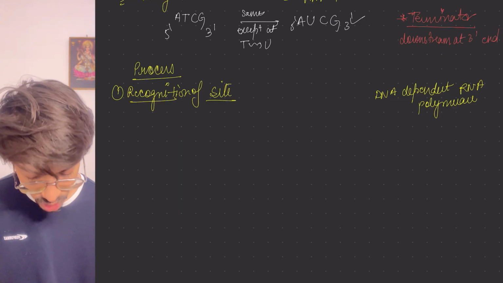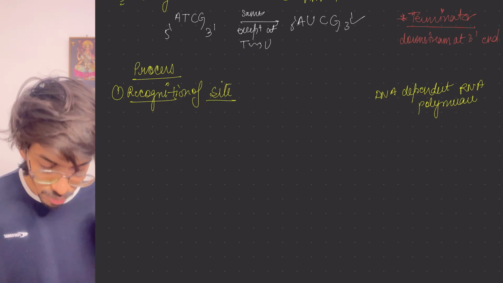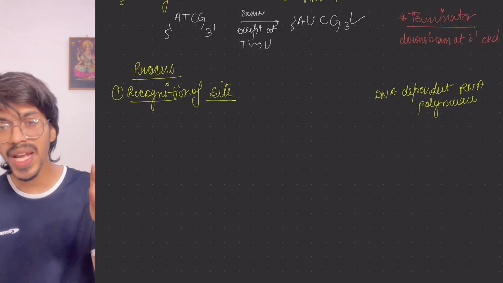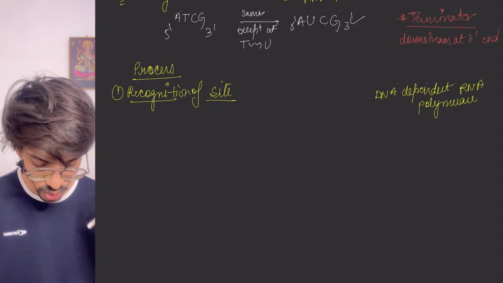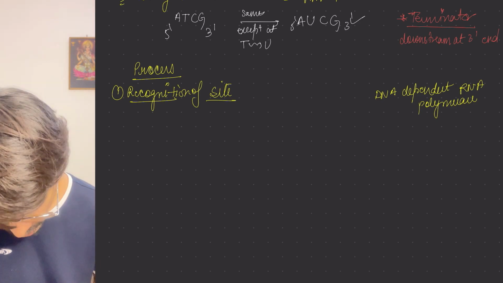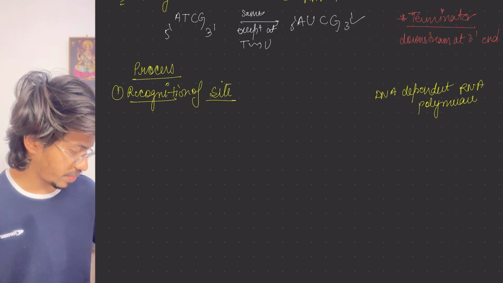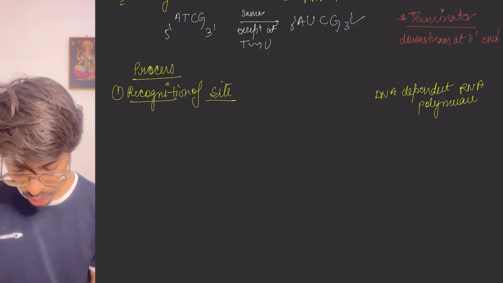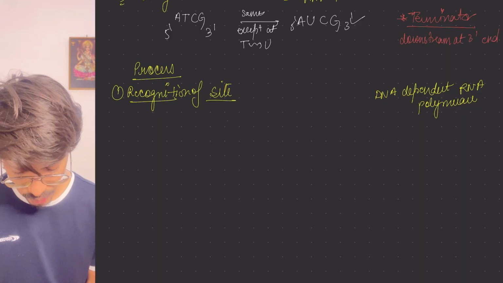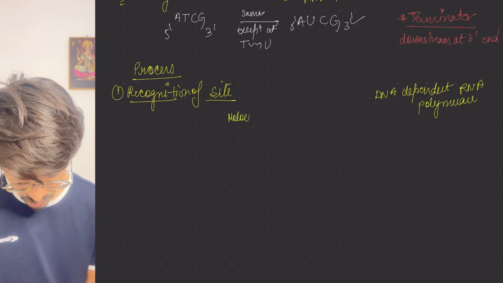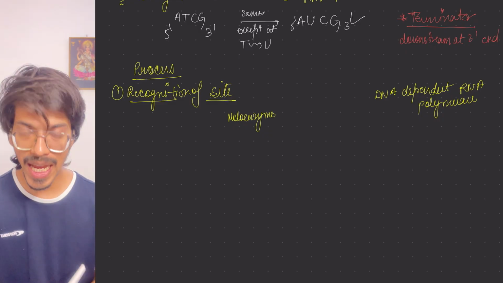Now who will come and recognize it? There will be a protein, a substance that has a certain structure. We call it a holoenzyme. This holoenzyme has two parts.